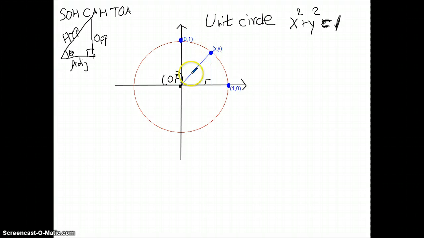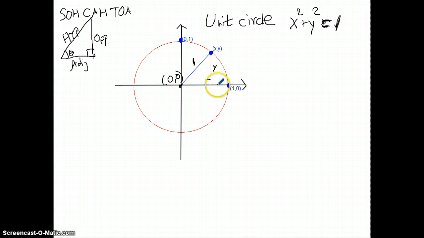Well, what's the length of this hypotenuse going to be? It's a circle of radius 1, and this hypotenuse is a radius. So, therefore, the length of this hypotenuse is 1. The length of this long side, well, we go from y equals 0 to y equals y, so y minus 0, so this length here is y.